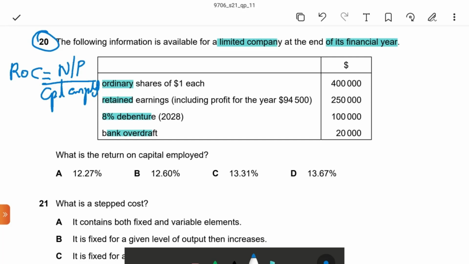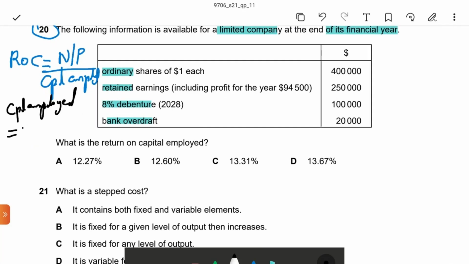What is capital employed? Capital employed is equal to capital plus long term liability. So first we have to calculate the net profit here.